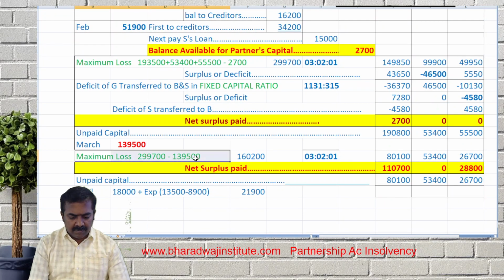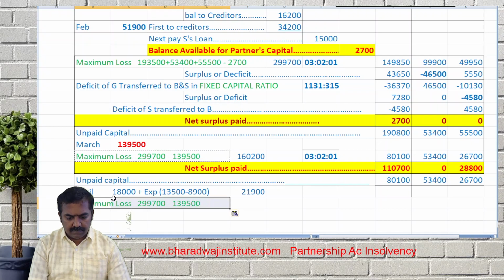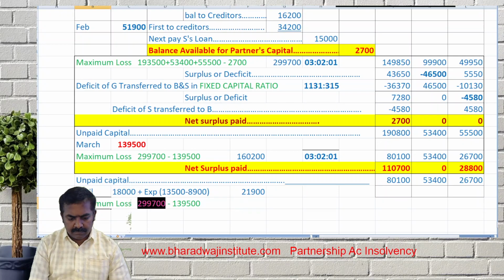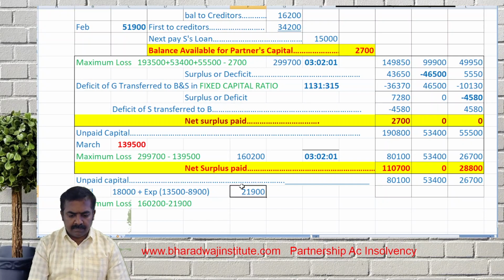Now work out the maximum loss. Maximum loss is 160,200 minus 21,900. What is the maximum loss? Transfer in which ratio?